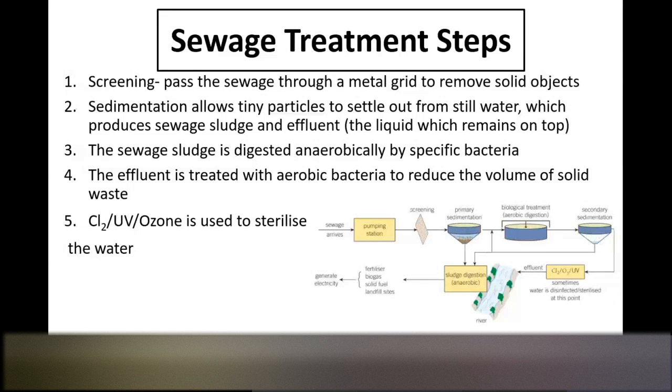And then the last part is that we can use chlorine, UV, or ozone. Now, we haven't mentioned ozone, and ozone is just another chemical that can also be used to sterilize water and kill microbes. So those are the 5 steps of how to treat sewage.